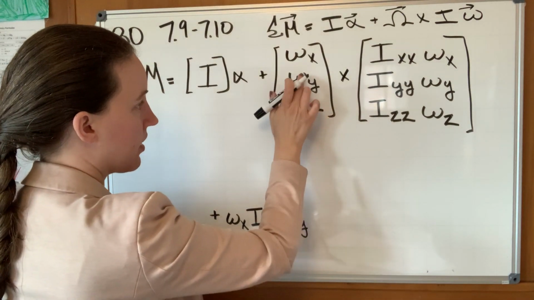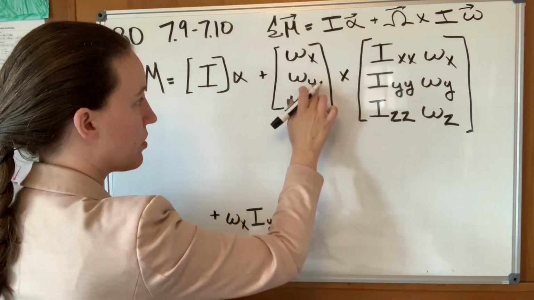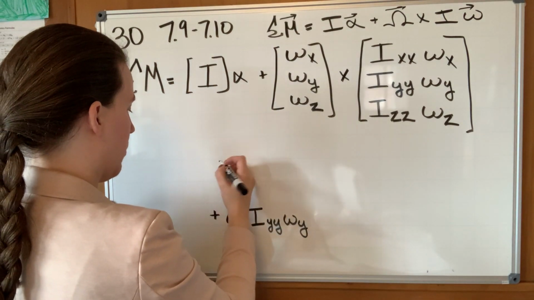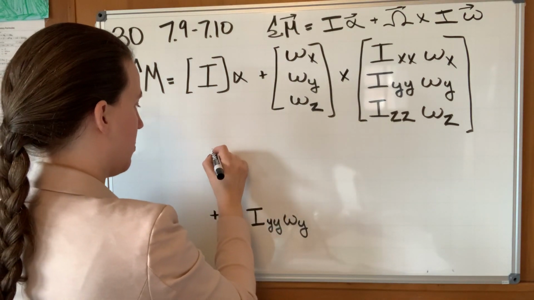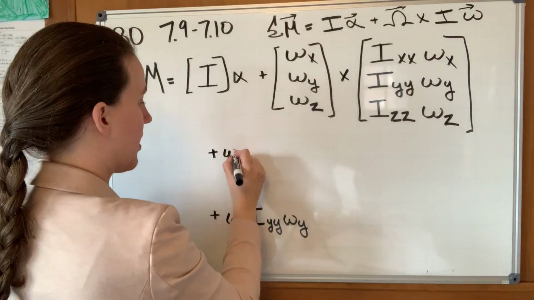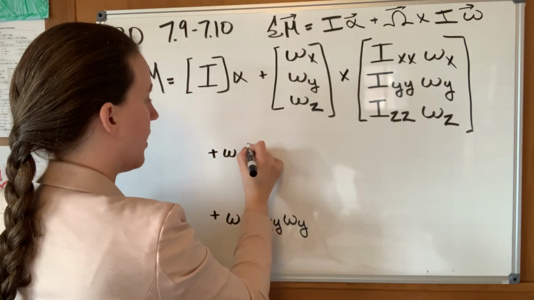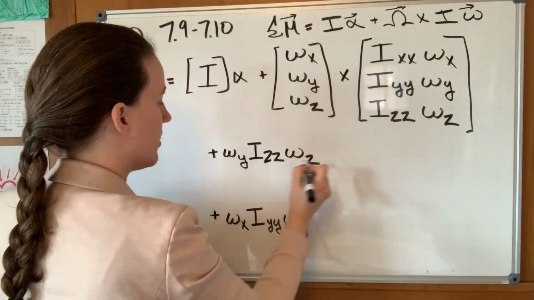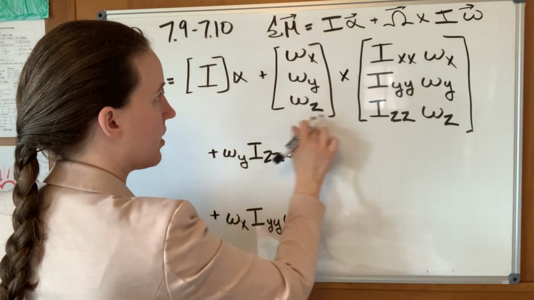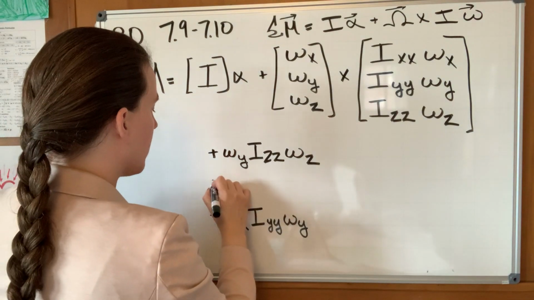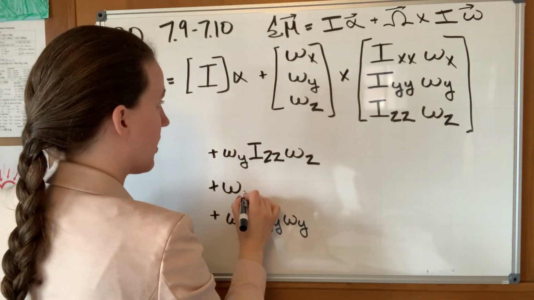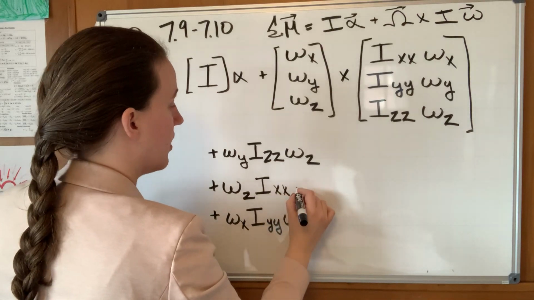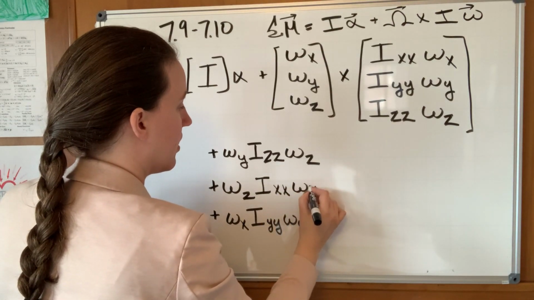Now y cross z is going to be in the x, so plus omega y I zz omega z. And then that's going to be in the positive y, so plus omega z I xx omega x.